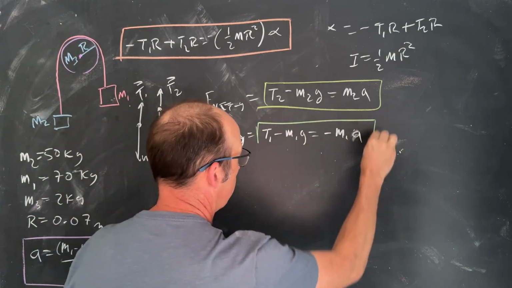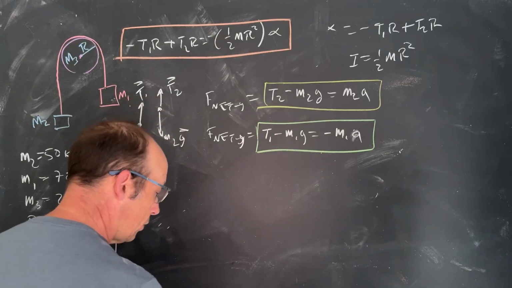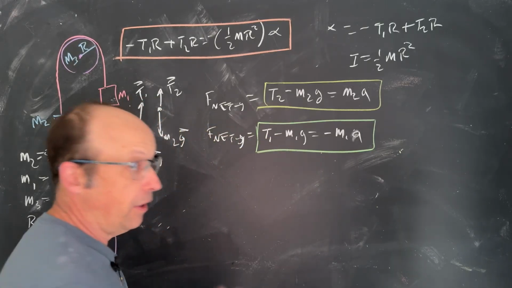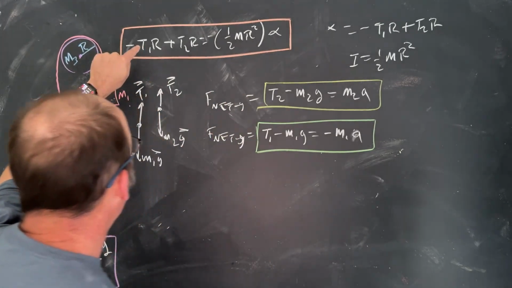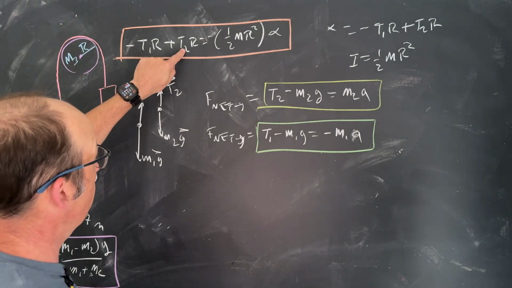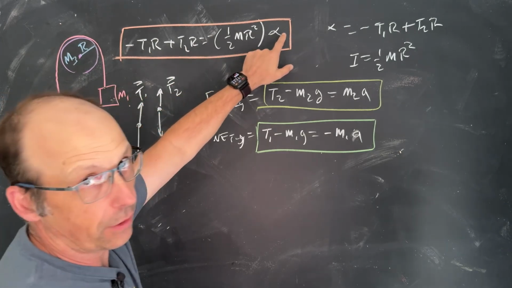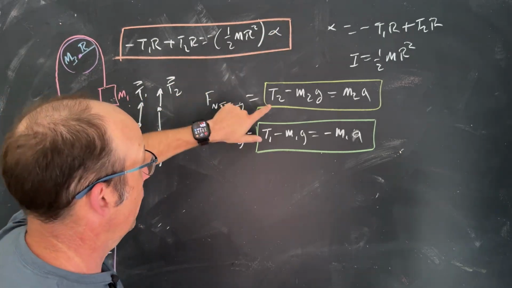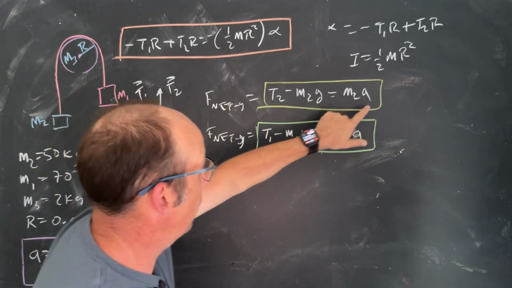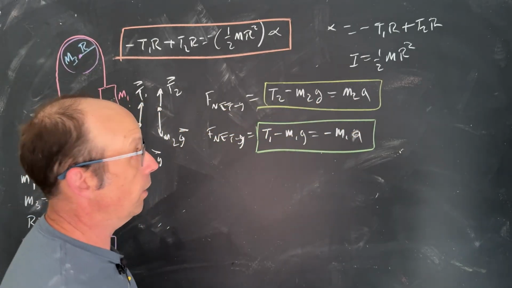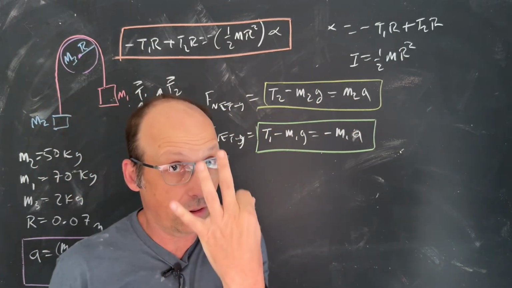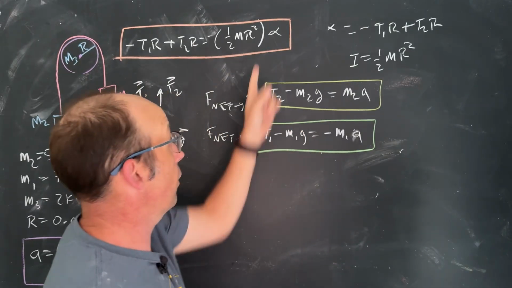Okay, so now I do indeed have 3 things I don't know. Don't know T1, don't know T2. Oh, I actually have 4. I don't know alpha, but I'm going to fix that in just a second. I don't know T2, I don't know a, I don't know T1. So in order to get this into 3 unknowns, I need to get rid of alpha.